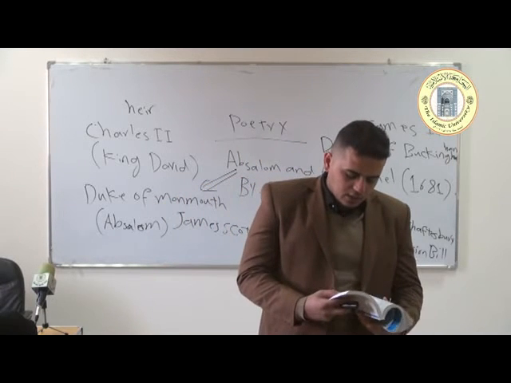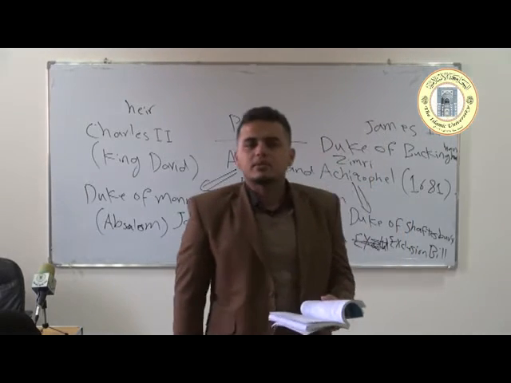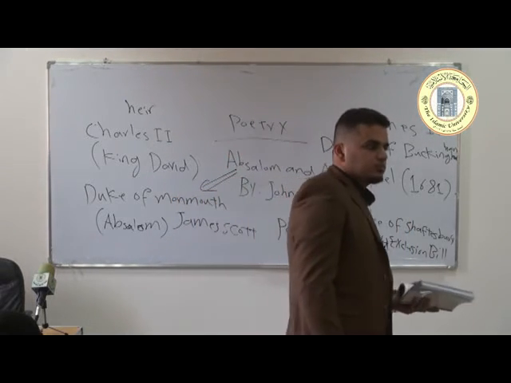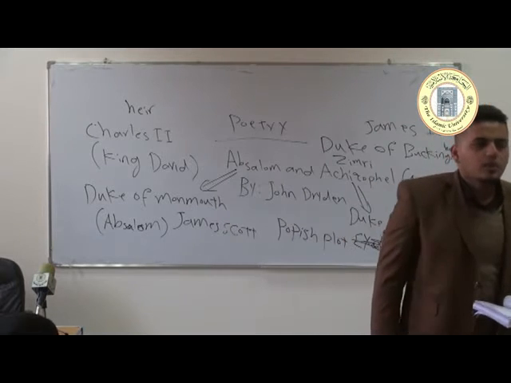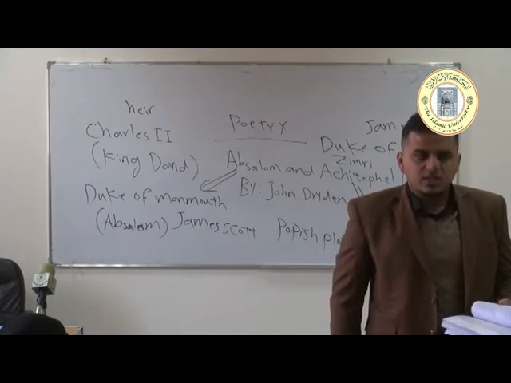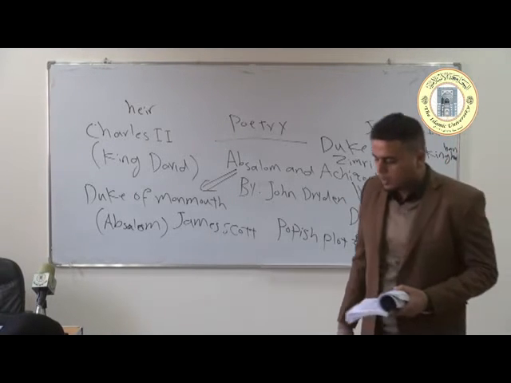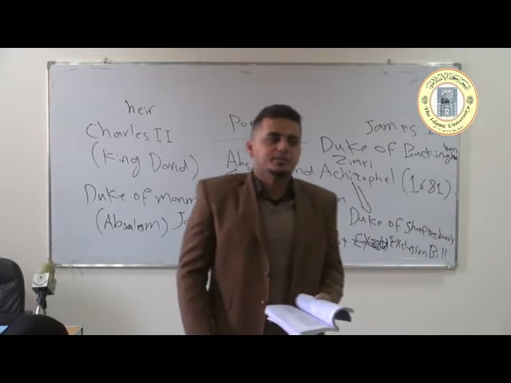So he begins, "A numerous host of dreaming saints succeed." Who are the dreaming saints? They are the lords, like the Duke of Buckingham, the Duke of Shaftesbury, and the Duke of Marlborough, and the Whig party.